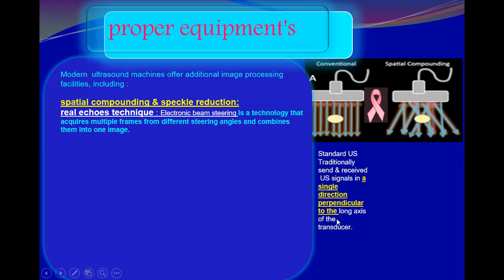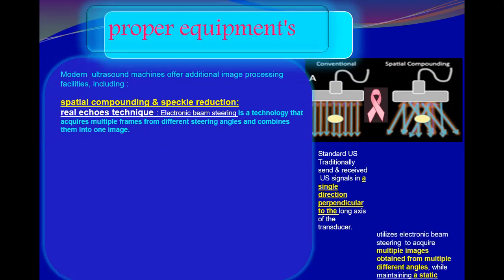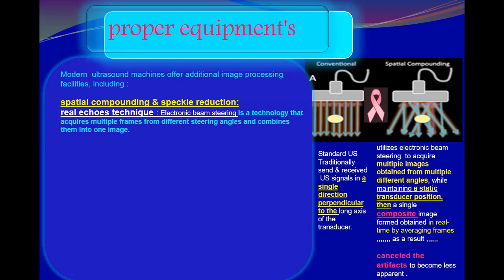But spatial compounding is electronic beam steering, a technology that acquires multiple frames from different steering angles and combines these images. So it utilizes electronic beam steering, acquiring multiple images from different angles while the transducer is static, okay.